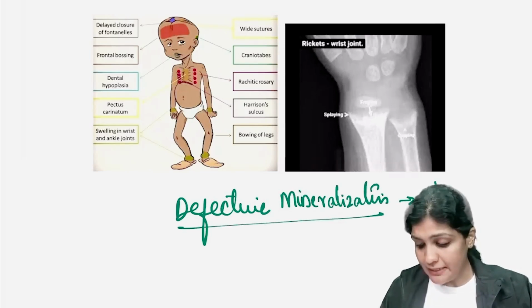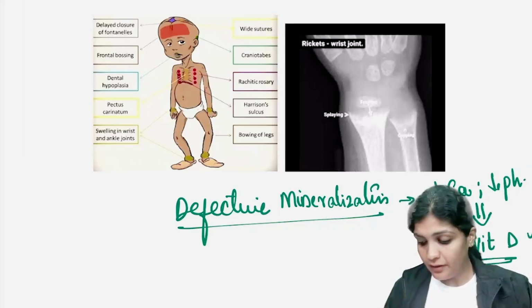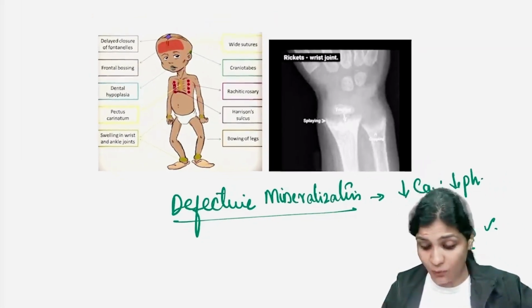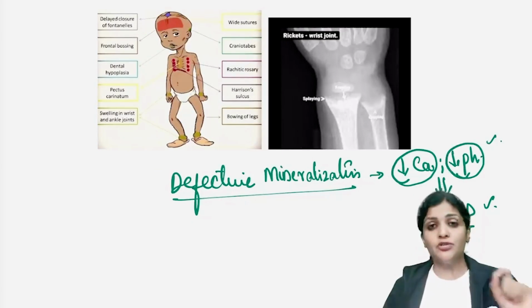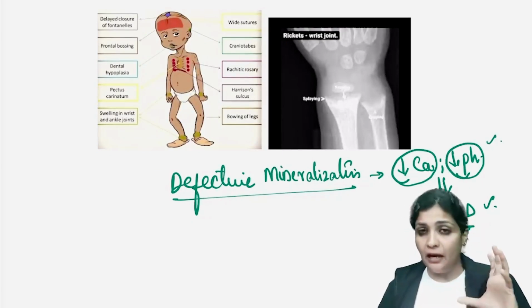There is a decrease in calcium and a decrease in phosphorus because there is a decrease in vitamin D. Right? Whenever there is a decrease in vitamin D, you see that calcium decreases and phosphorus also decreases. And these two are very, very important in mineralization of the bone.